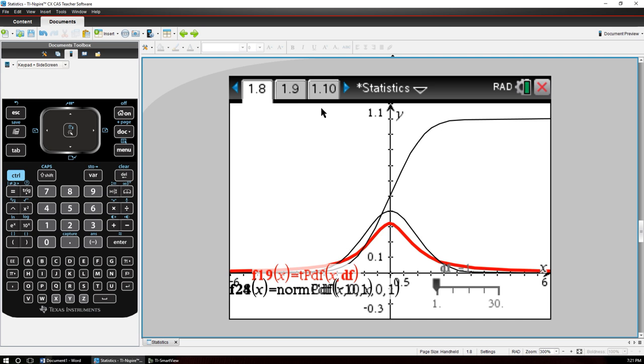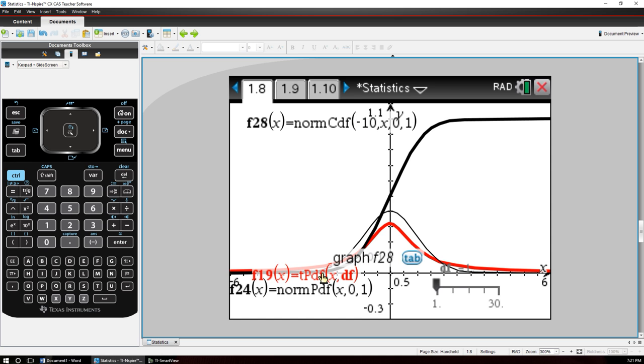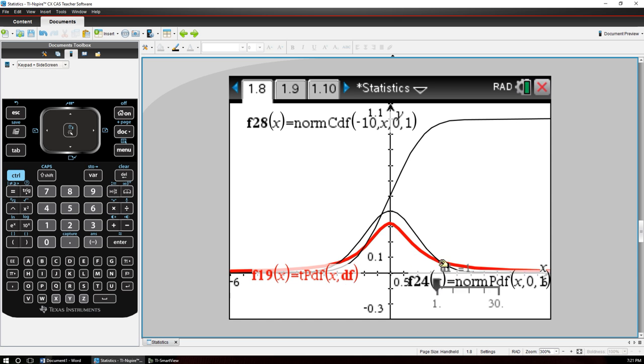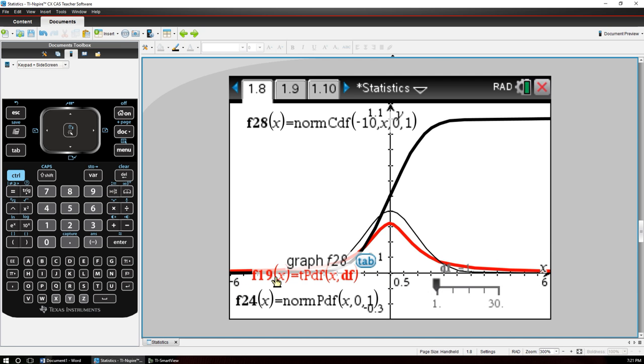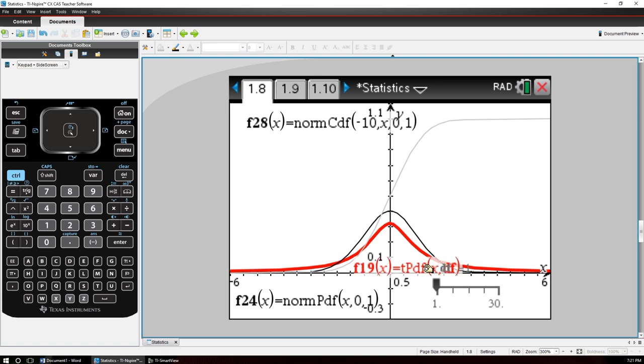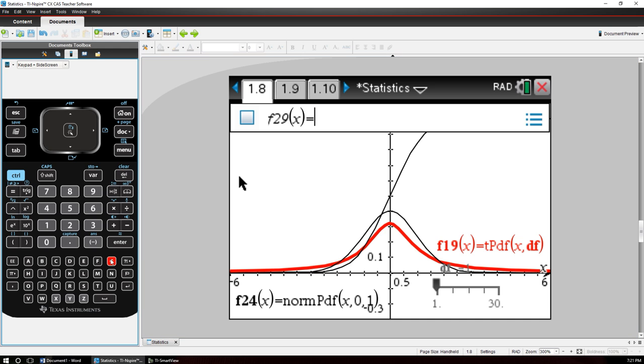So in both cases, the black is the standard normal. And I'm going to graph a TCDF. Let's do that next. All right, so Control G will get me to where I can put in a graph.